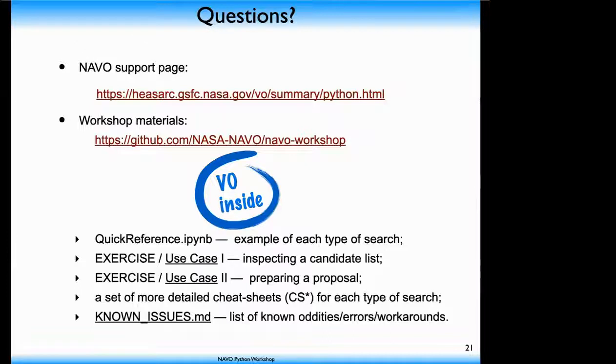NSF was funding the VAO, or the VOA, I always get confused, for some time, and that funding ended, and NASA decided to fund the NASA archives to continue the VO effort amongst ourselves. So it is a smaller effort, but based more on actual archives that are serving data.